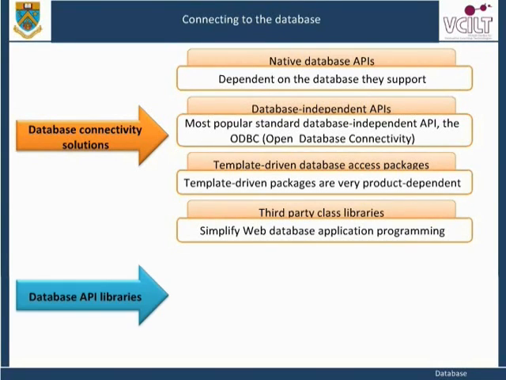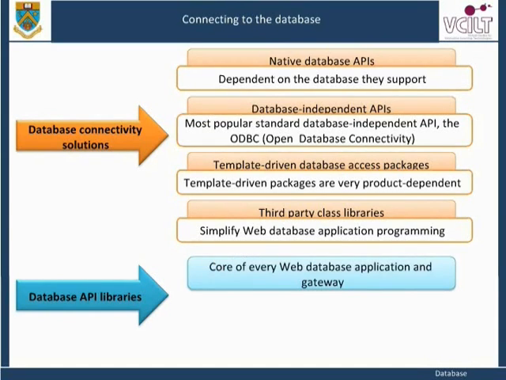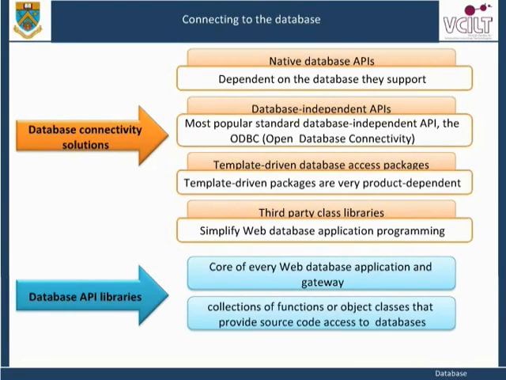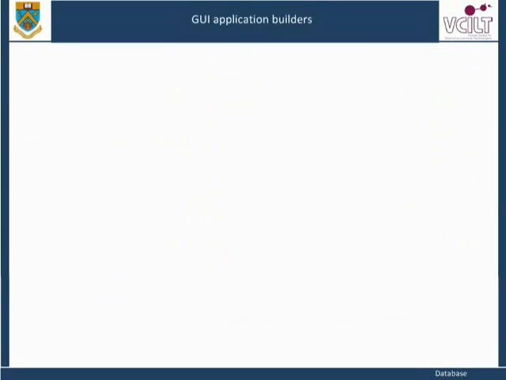Database API libraries. Database API libraries are at the core of every web database application and gateway. Database API libraries are collections of functions or object classes that provide source code access to databases. GUI application builders.